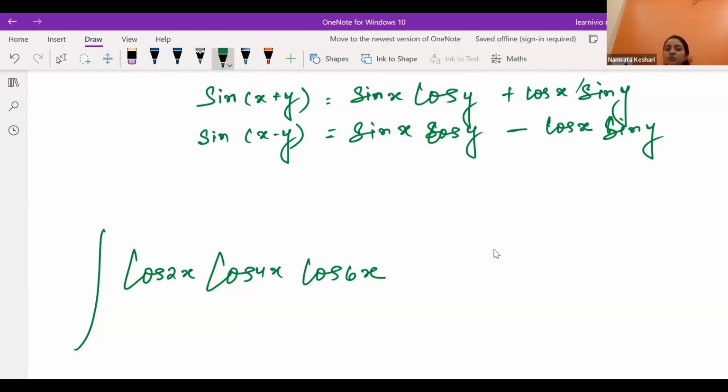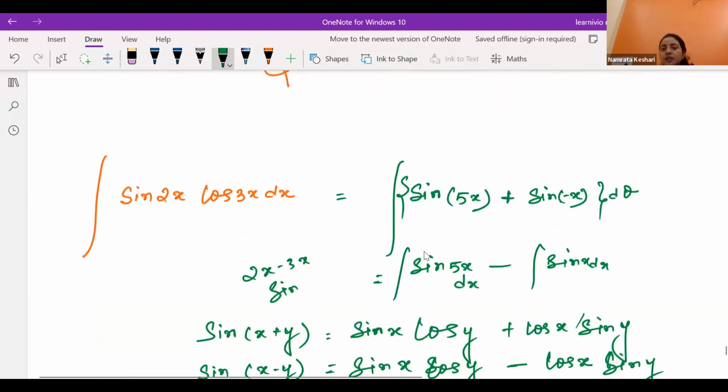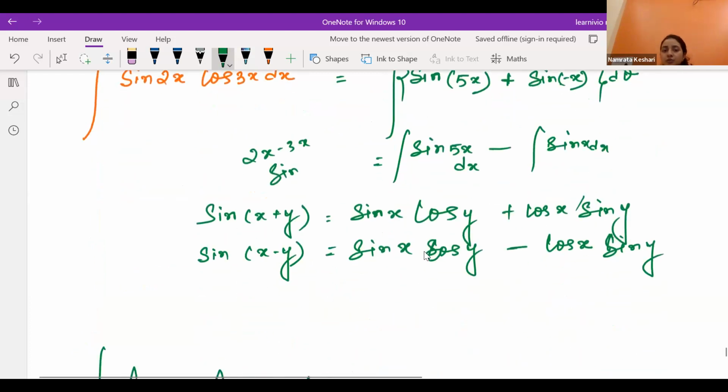Yes, Annapurna. Here also we'll be taking two at a time, right? Yes. Okay. One thing we have missed writing in the previous question. Can you see that if you add these two, we will be getting 2 times sin x cos y, right?